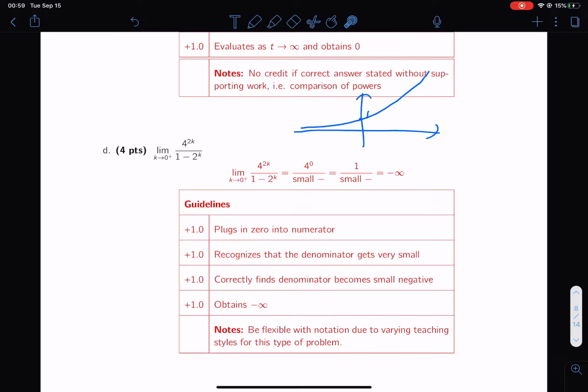So it is 1 minus something greater than 1, because it is from this side. So it is a little bit bigger than 1. So 1 minus something that is bigger than 1 is negative. So we have negative infinity.